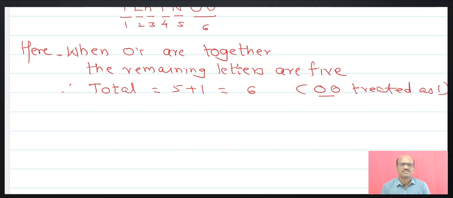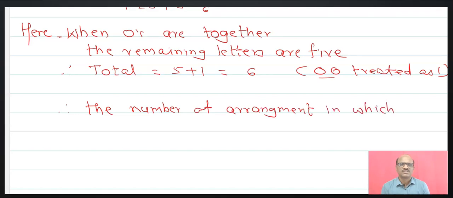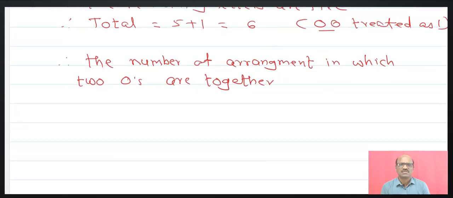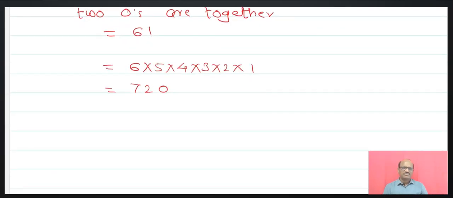It is treated as 1. Therefore, the number of arrangements in which two O's are together, that is 6 factorial. It is not necessary to divide by 2 factorial because these O's are treated as 1 unit, and that is equal to 720.